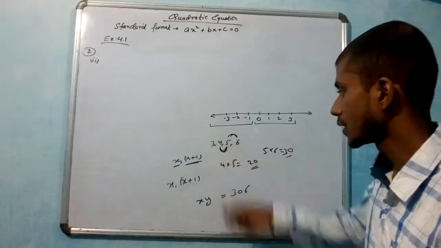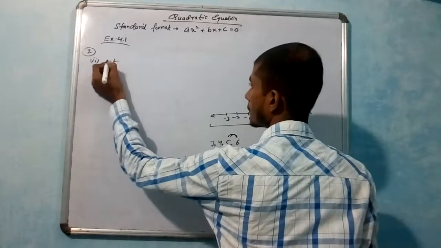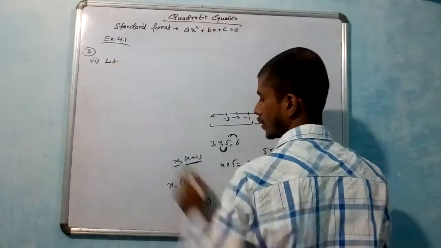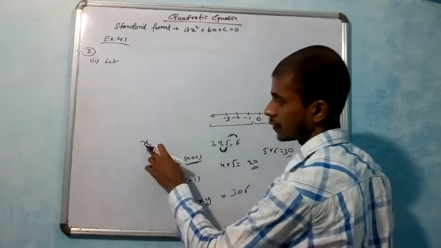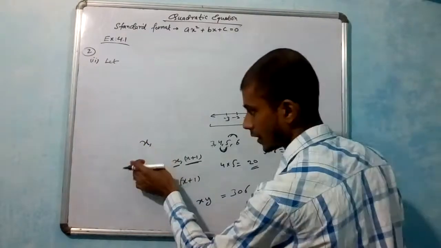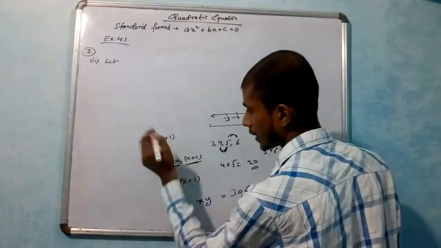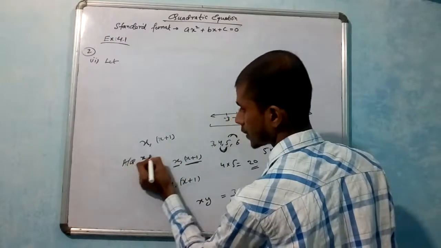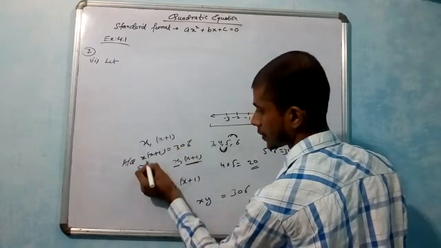So what will you assume? You can try. All these sums are easy sums. Let one positive integer be x, then the other positive integer is x plus 1, and then according to the question, x into x plus 1 is equal to 306, and then simplify it: x square plus x minus 306 is equal to 0.